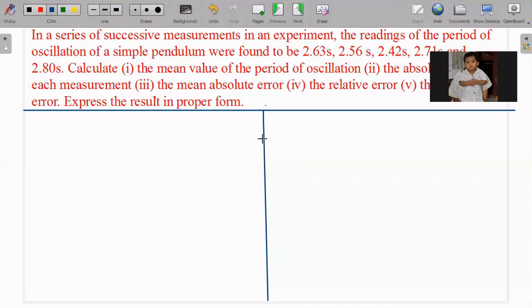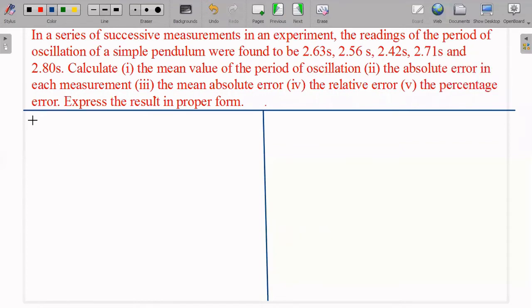Now, see. In the given problem, there is an experiment of a simple pendulum. All the oscillations were recorded for a given particular amount of time.